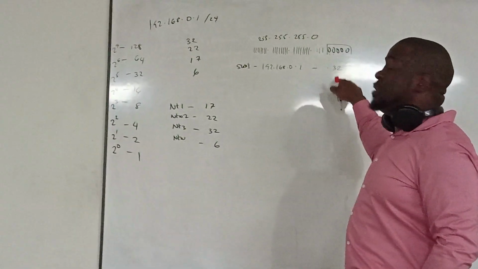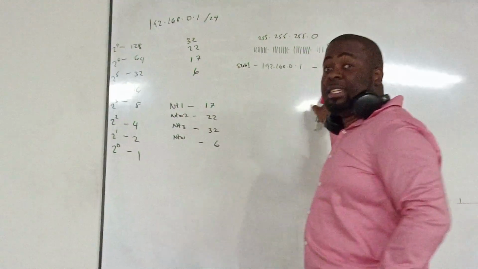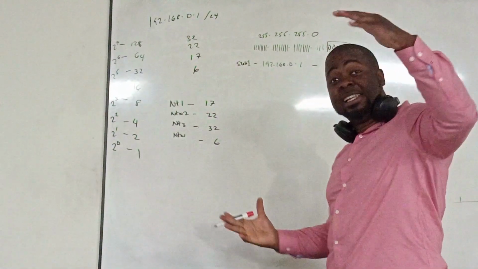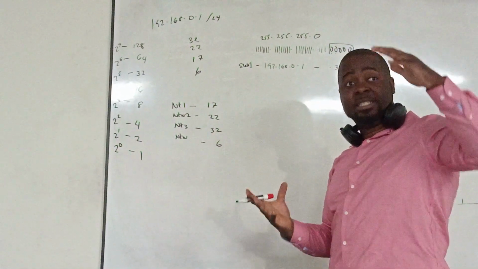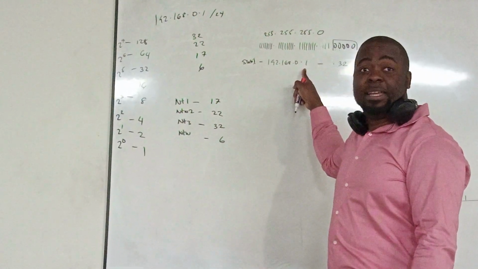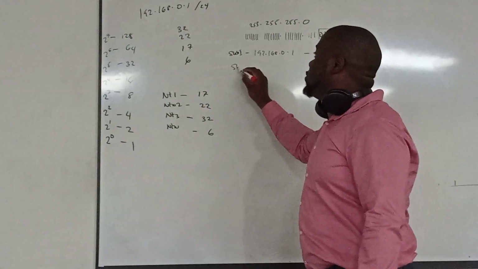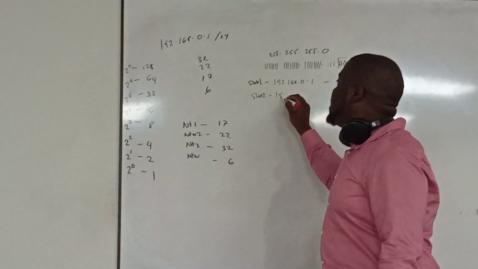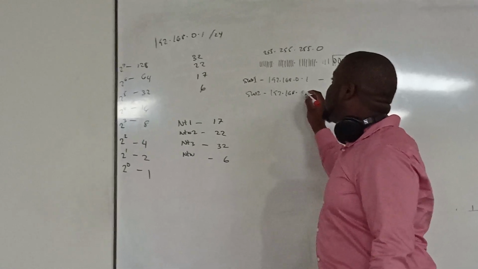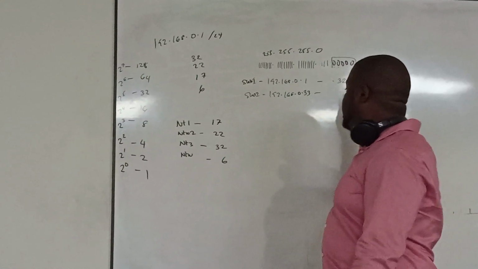So this should be .1 to .32, because our magic number is 32. 32 plus 1 is what? 33. Minus 1? 32. So subnet 2, 192.168.0.33 to what?